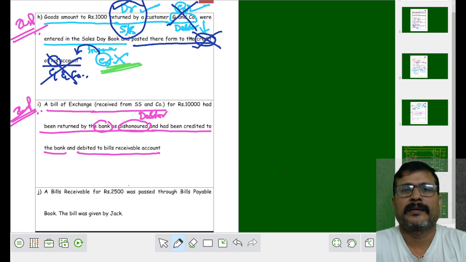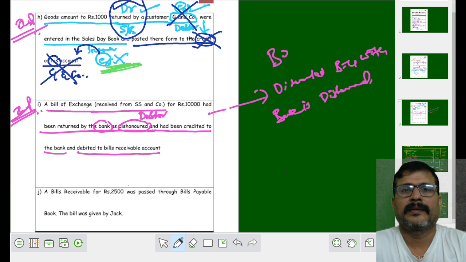Now I tell you what happened when a discounted bill with bank is dishonored. Please remember, it is a point from the bills of exchange chapter.